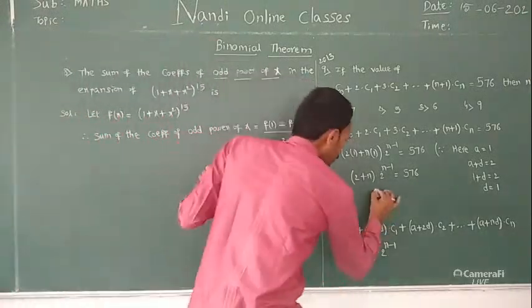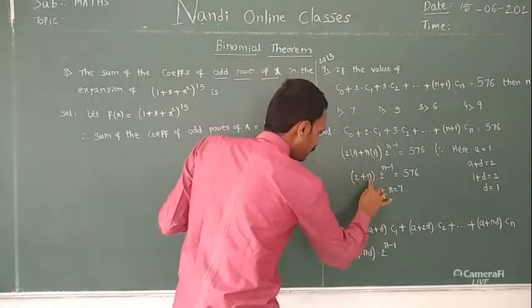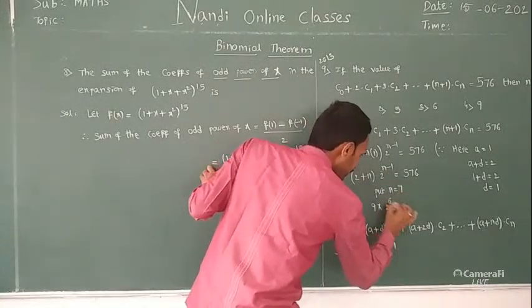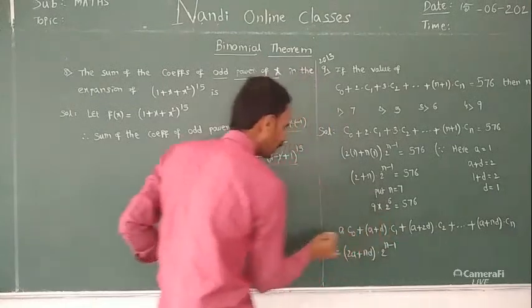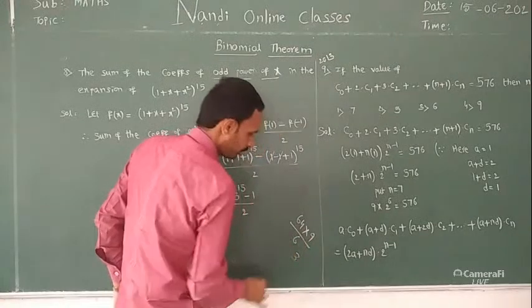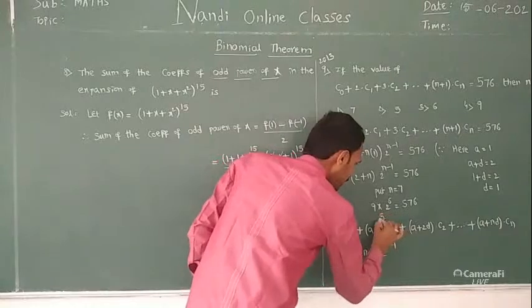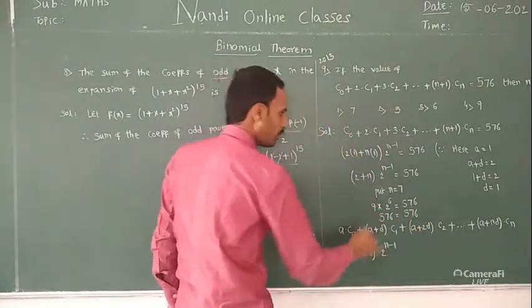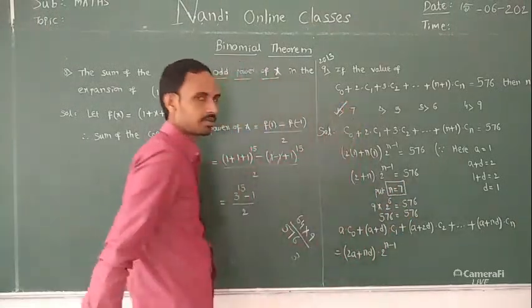So put n is equal to 7, the first option. 2 plus 7 is 9 into 2 power 7 minus 1, which is 6, is equal to 576. 2 power 6 is 64. 9 times 4 is 36, 9 times 6 is 54, plus 3 is 57. So 576 is equal to 576, satisfied. So the value of n is 7. So the first option holds.